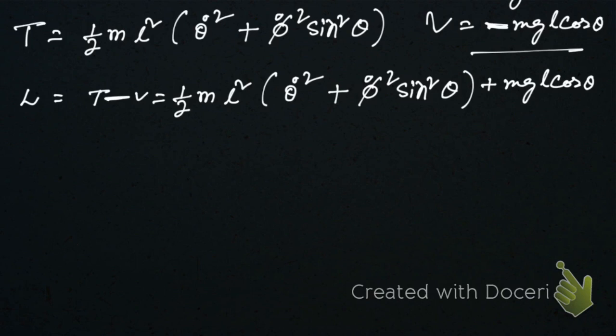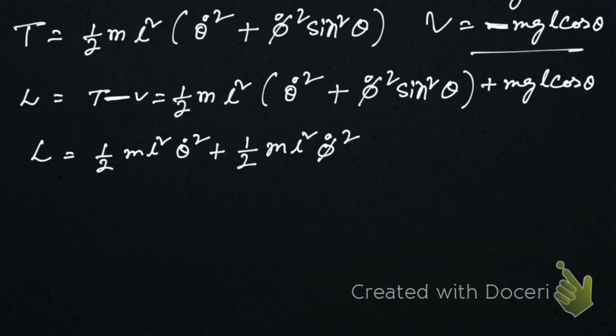So now expand it. If you expand it, then your L is going to be half m L square theta dot square plus half m L square phi dot square sin square theta plus mgL cos theta, right? You're going to get this.